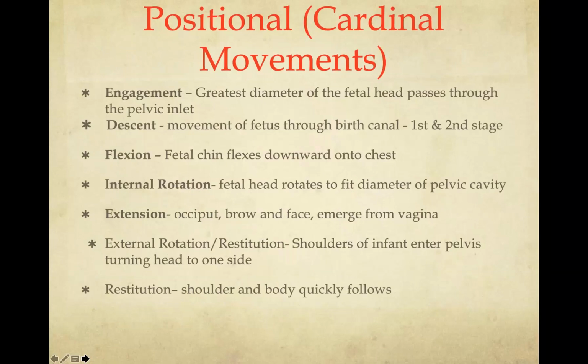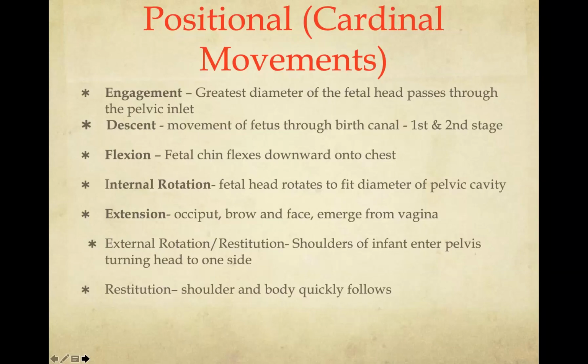And then positional, your cardinal movements. Remember, I showed you a video. Make sure you know these. You have engagement, where the baby is engaging and the greatest diameter of the fetal head has passed through the pelvic inlet. Then you have descent, the movement of the fetus through the birth canal, in first and second stage.